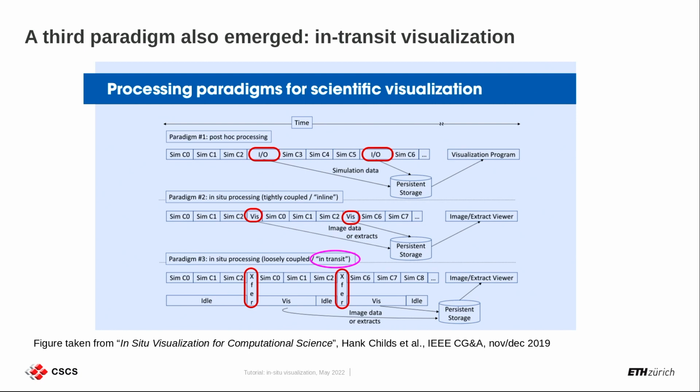And here the question will be, is the time to transfer the data quick enough so that it's worth it to actually send the data to my alternate compute resource, or should I just as well do the visualization in line. So we'll have to verify that.